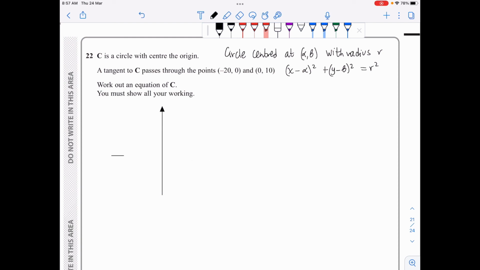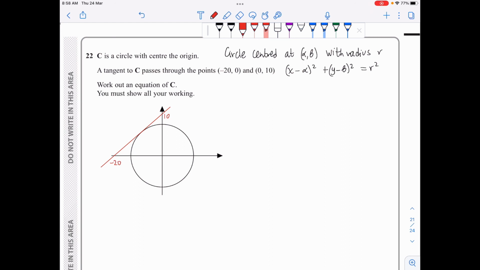We've got a circle, it's centered at the origin, so it looks something like this. And we've been told that there is a tangent which cuts at minus 20 and 10. Maybe it's something like this. So this is 10, this is minus 20.